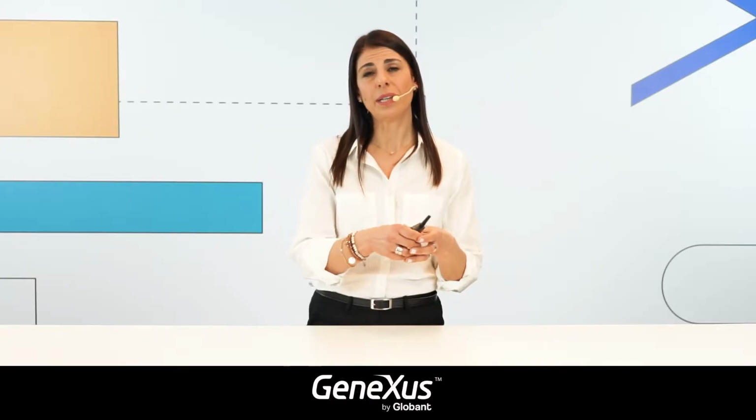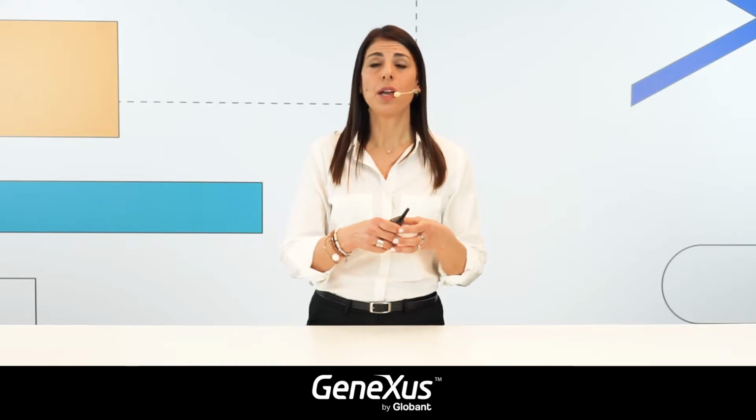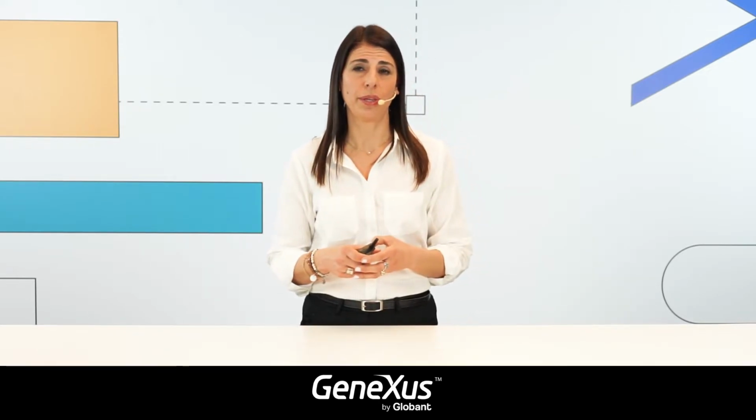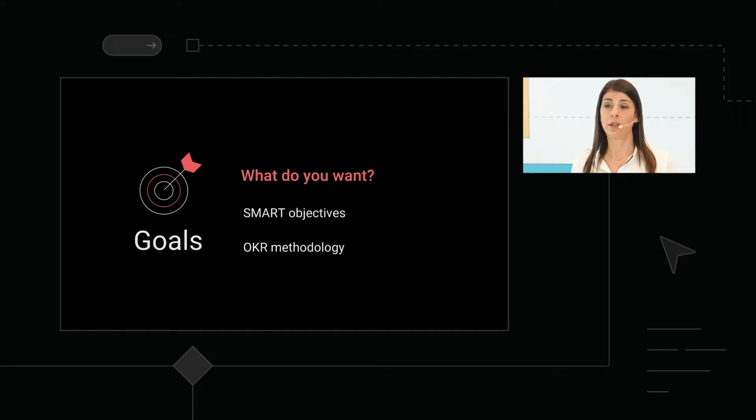One of the goals can be to migrate to GeneXus 18 to get all the security updates and the new technologies offered by GeneXus 18, for example. Or perhaps I want to migrate to GeneXus 18 to fully change the design of my app. Or perhaps I want to migrate to GeneXus 18 to have my app in the cloud. And those are examples of some of the goals that you might have for yourselves.